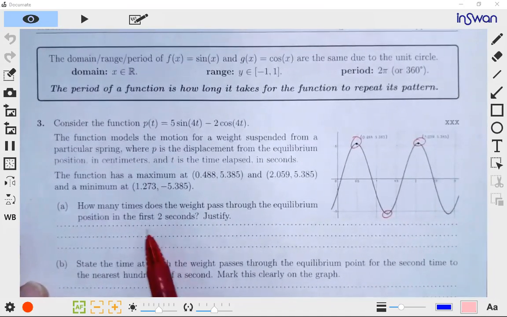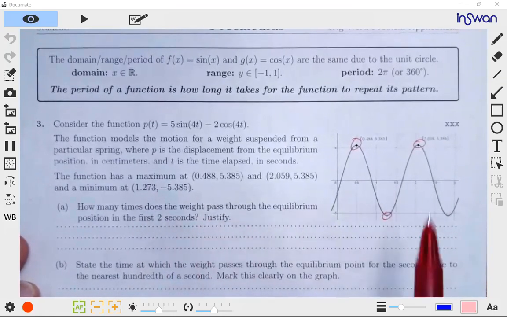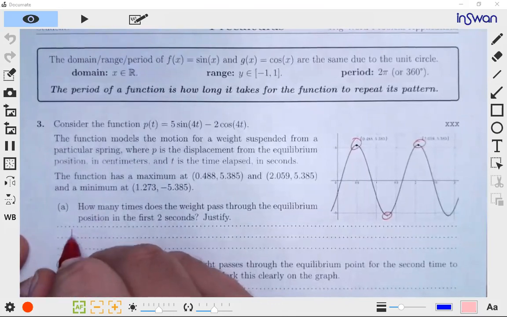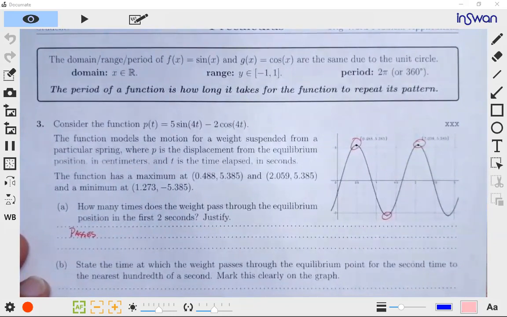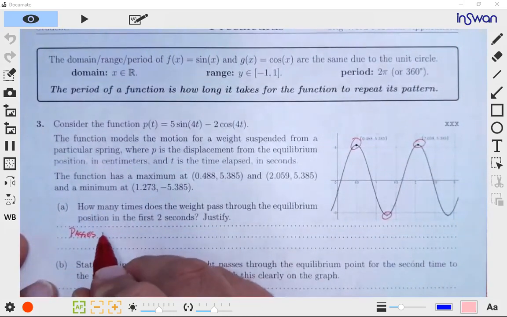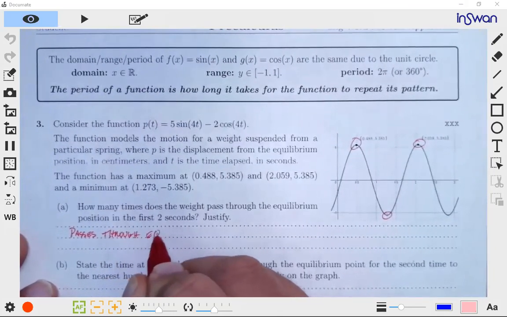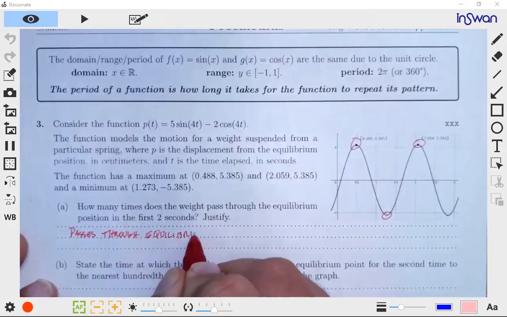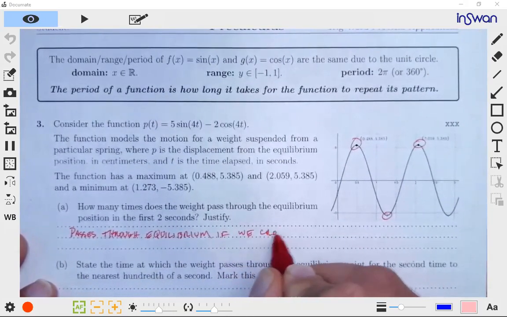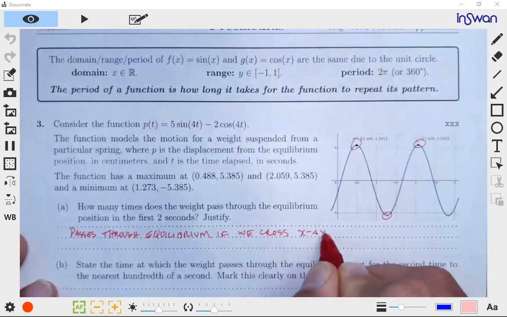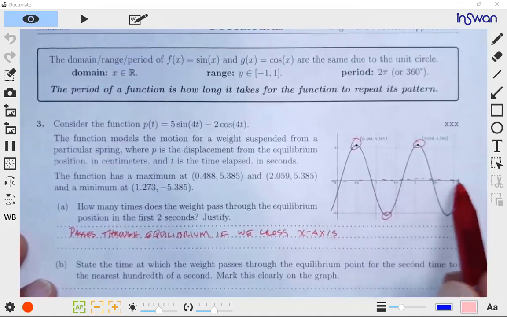So first question, fairly straightforward. How many times does the weight pass through the equilibrium position in the first 2 seconds? Well, our justification probably should be what we think of first, and that is we pass through the equilibrium if we cross the x-axis, right? This center line we're going to call our equilibrium.